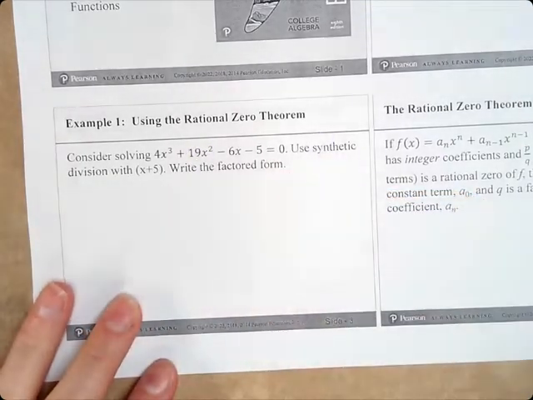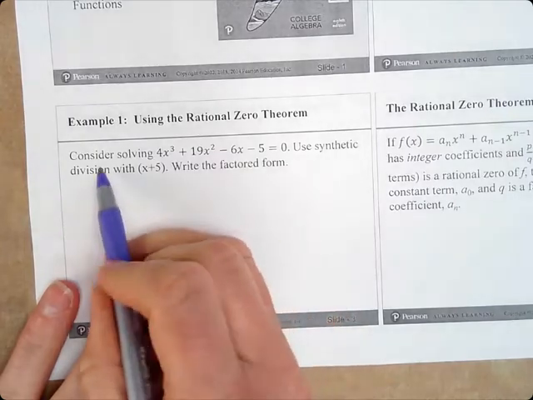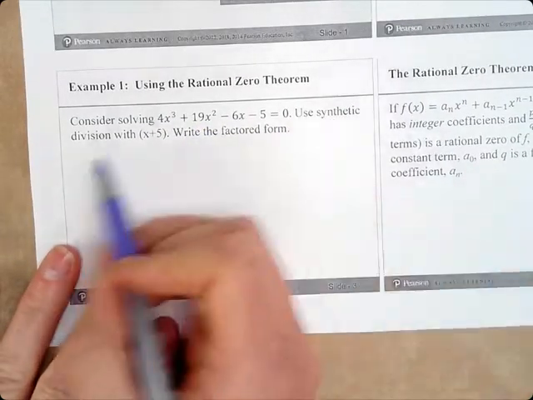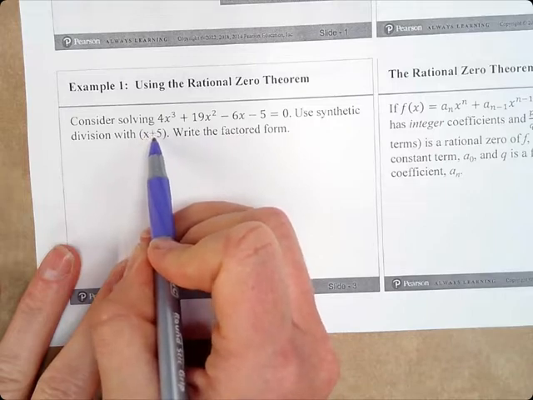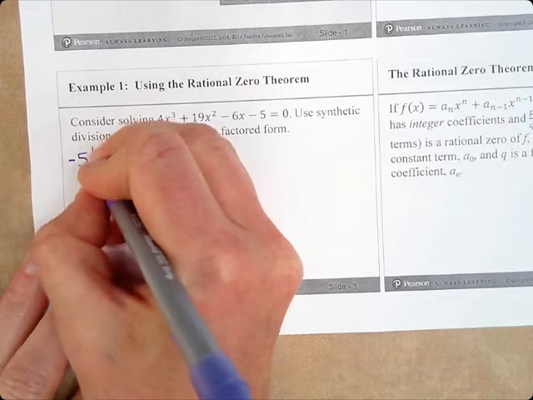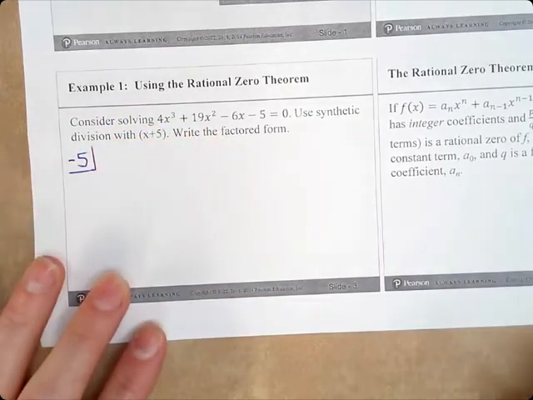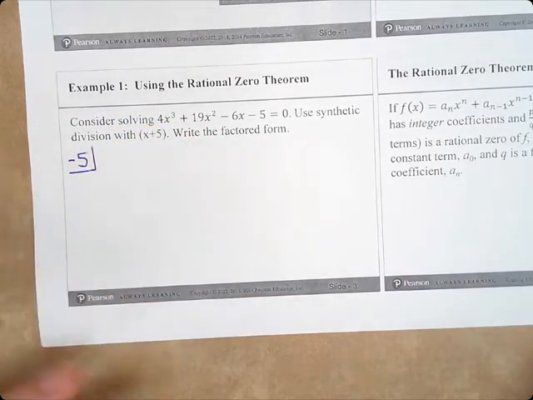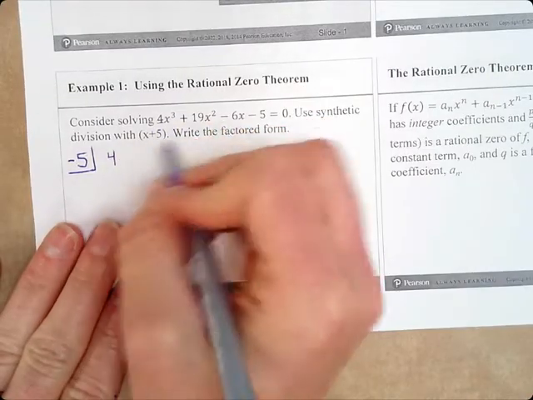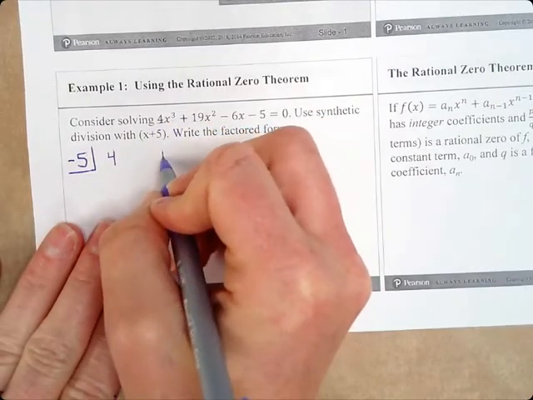Before using the rational zero theorem, let's look at this and see if we can use synthetic division on it. When we have x plus 5, when we do synthetic division, we put the -5 inside the box, and then we list out our coefficients in decreasing exponent order.